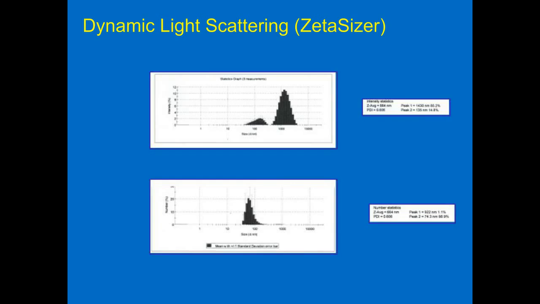However, the size corresponds very well between the Zetasizer and the Multisizer.